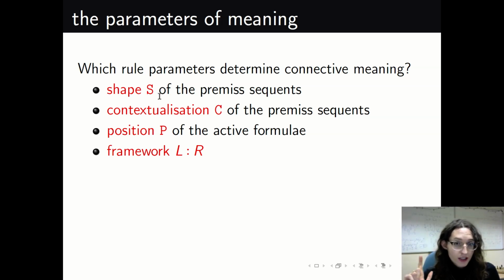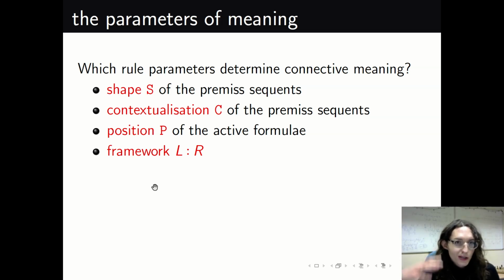If we're changing the contextualization of the premise sequence, we're having a change of meaning. And if we change the position of the active formulae in the premise sequence, we have a change of meaning. Same holds for framework changes. Framework changes come with changes of meaning. So if we change the available space we have on the left and the right of the sequent calculus to do our definability proofs in.